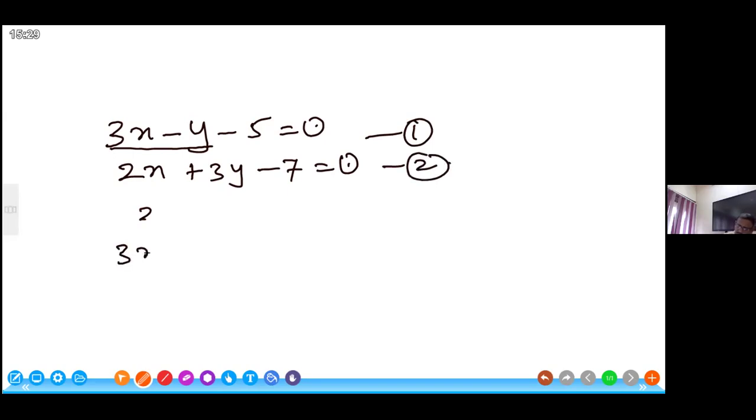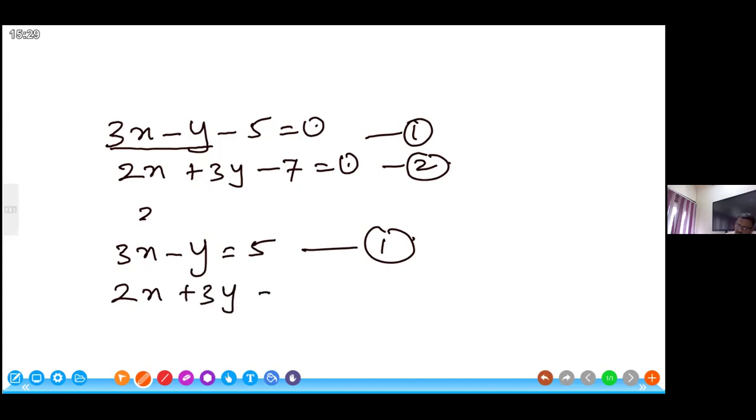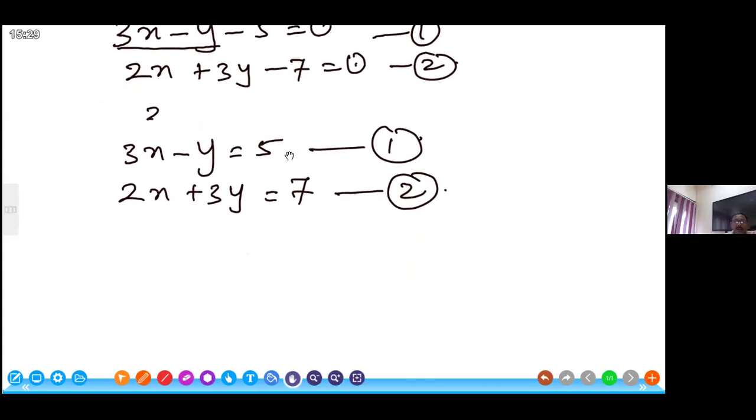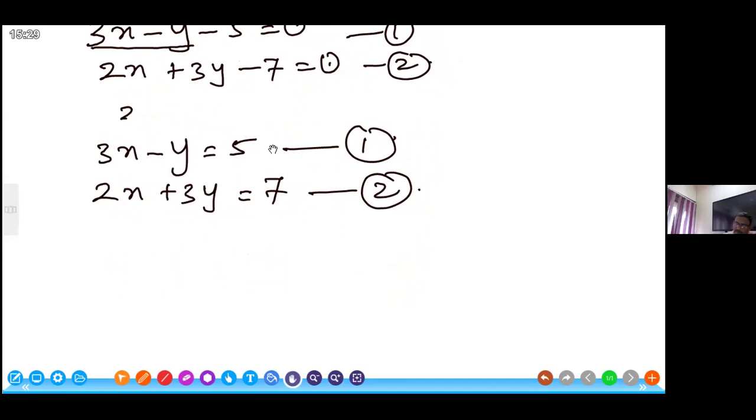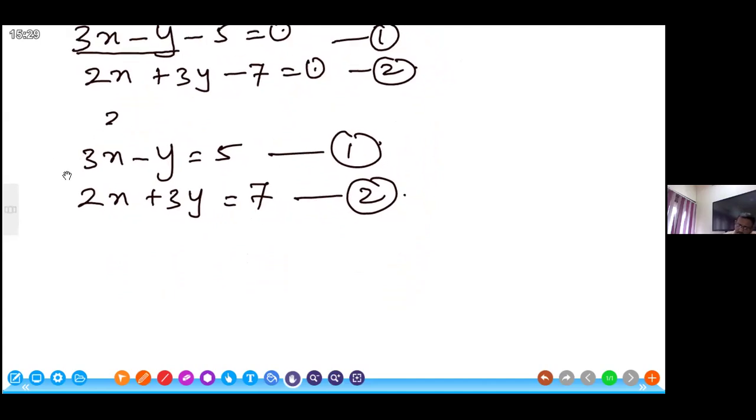We can take 3x minus 5y equal to 5. That is the first equation. Same thing, 2x plus 3y equal to 7. That is your second equation, right? We'll work with these two equations.